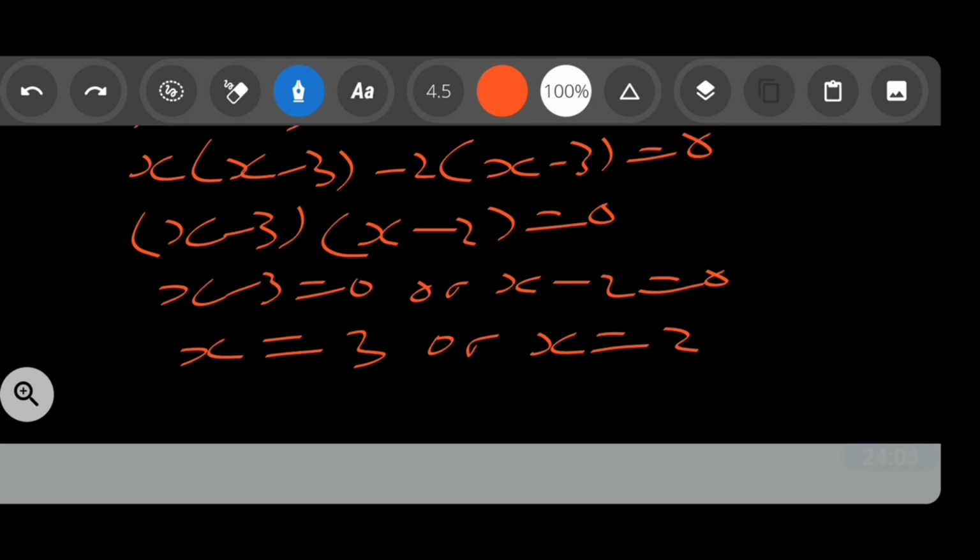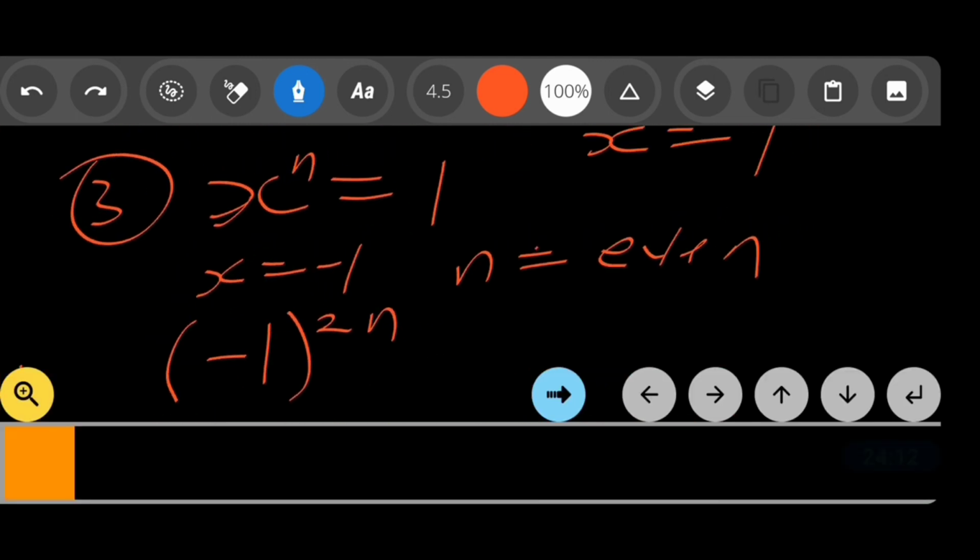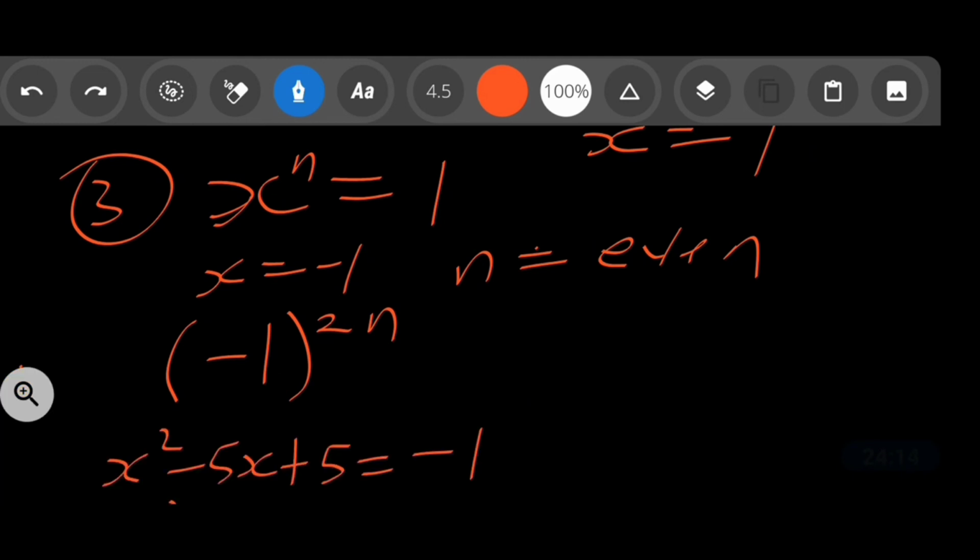Now, what you want to ask yourself is, okay, let's go back to our condition first. This is our condition, and we said that for this condition to work, the base must equal -1 and the index must be an even number. Now, you need to ask yourself, will those values of x we got really make our base to be -1?